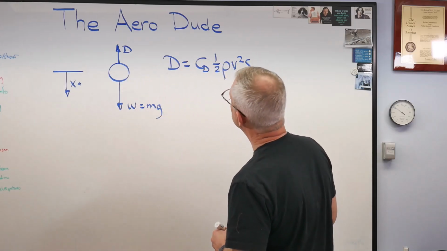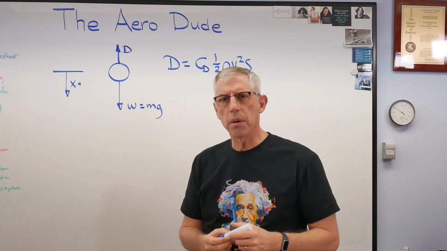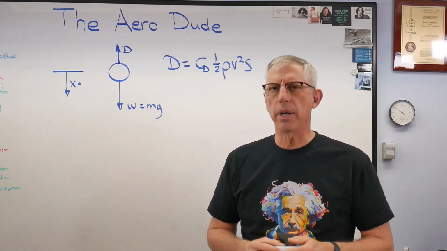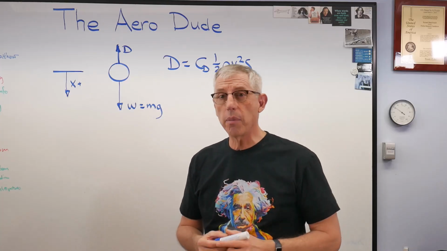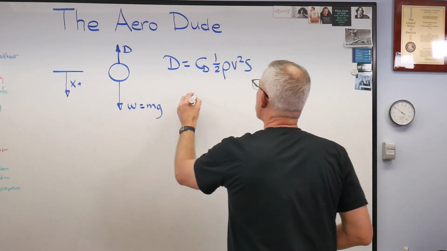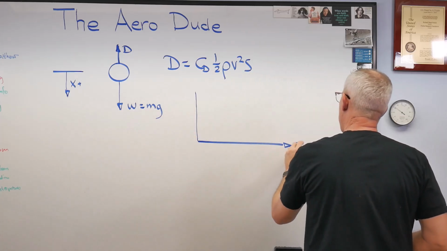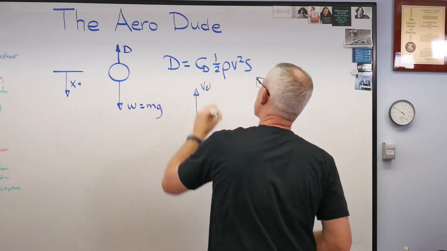All right, so let's see. Before we do any number crunching, let's think about this a second and decide what we think is going to happen. Our intuition isn't always good in aerospace problems, and this one it probably is. So let's try to draw a plot here. Let's say that that's time, and up here is velocity.